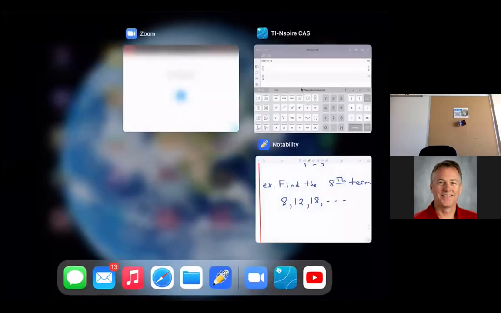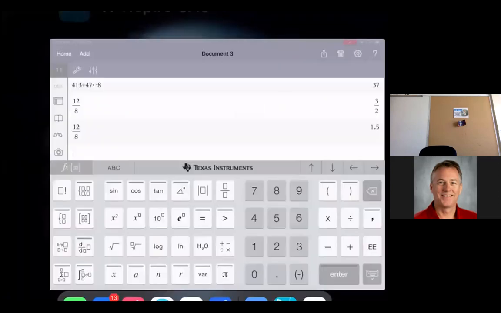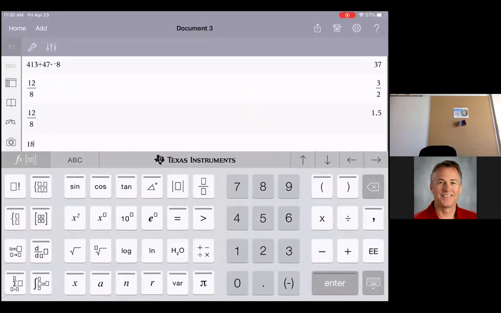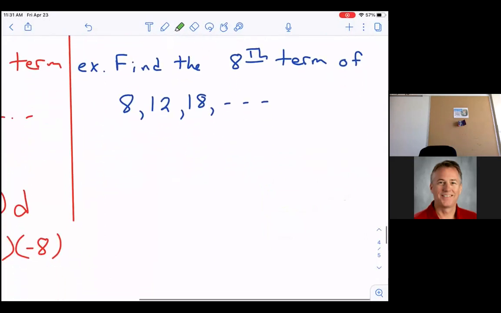Then I also want to check the next one, 18 divided by 12, to make sure I get the same thing. And again, I get 1.5. So that 1.5 is our R value. So I would say that R is equal to 1.5.